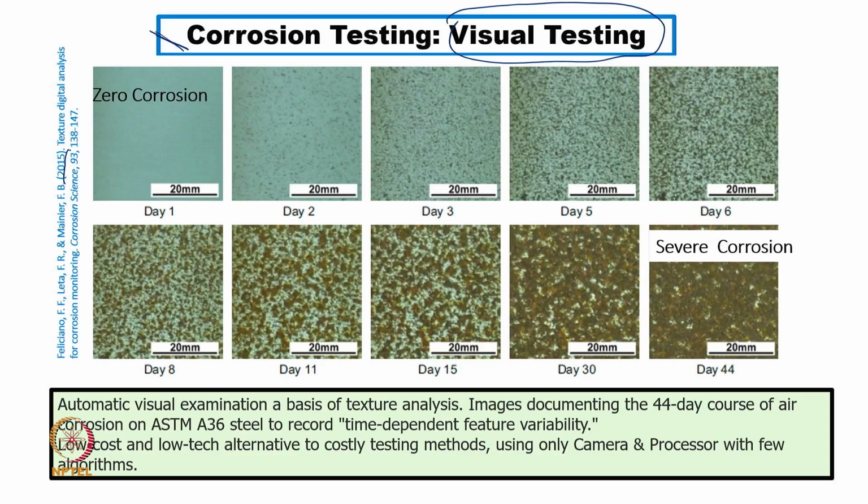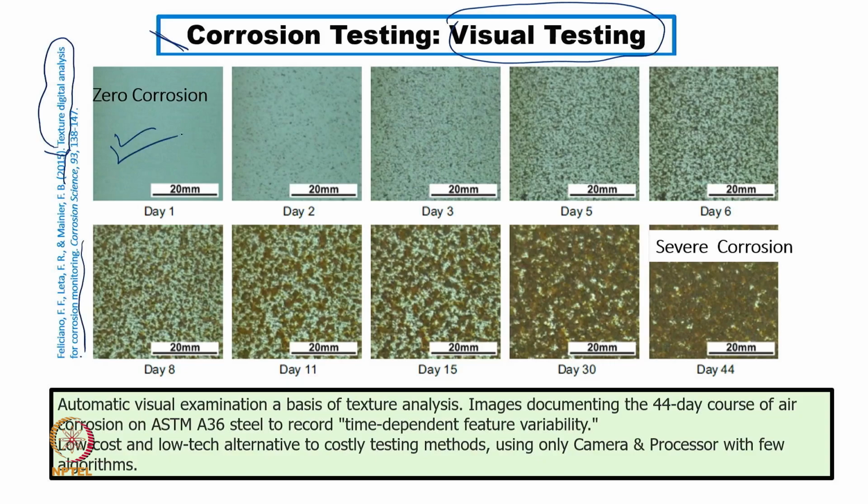Instead of visual testing, they gave it a name, something like texture digital analysis. So, texture digital analysis is a kind of improvement on visual testing. They were trying to do automation instead of looking with naked eyes or some magnifying device. Can we automate and then figure out what is really happening? That has been given in this paper, and they have given the results also.